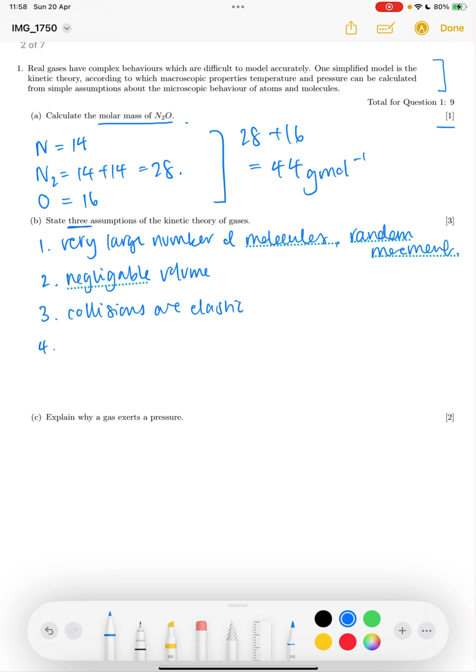And that the time they take to collide, time of collisions, is negligible compared to the time between them.